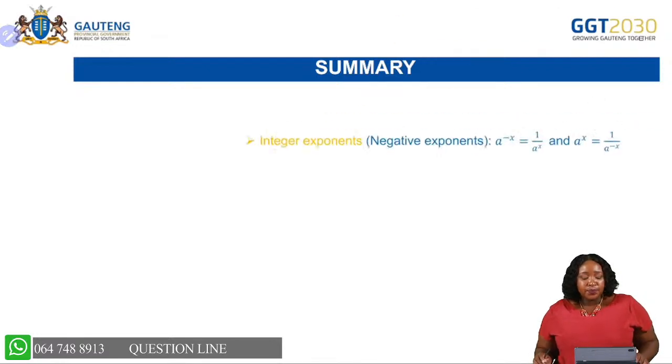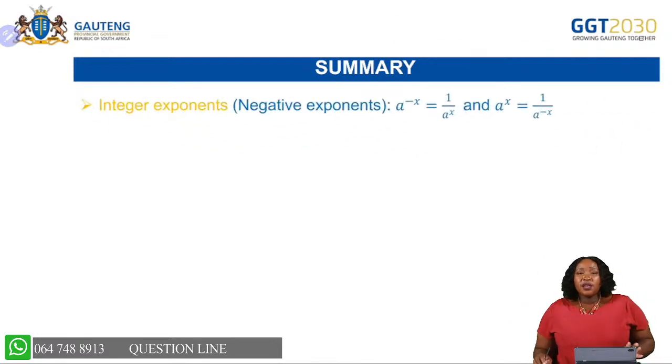All right. So with your summary, just remember that when you are working with negative exponents, if you have your base being raised to a negative exponent, you can write it as 1 over the base raised to a positive exponent, okay? And also, you need to learn the laws in reverse, right? So you can say 1 over the base raised to a negative exponent if your base is positive.